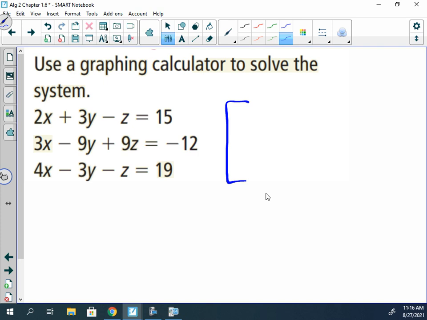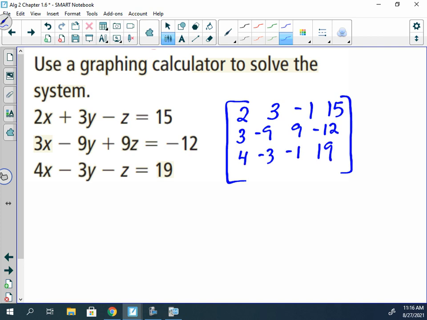So our augmented matrix would be 2, 3, negative 1, 15. Then we would have 3, negative 9, 9, negative 12. And then we have 4, negative 3, negative 1, and 19.